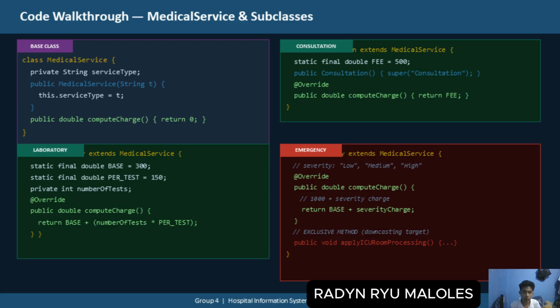The laboratory class overrides it differently by taking the static base fee of 300 and adding 150 multiplied by the number of tests. The emergency class takes a severity string and calculates the base 1000 plus the specific severity charge. Crucially, the emergency class also has the exclusive apply ICU room processing method, setting the stage for our downcasting later.